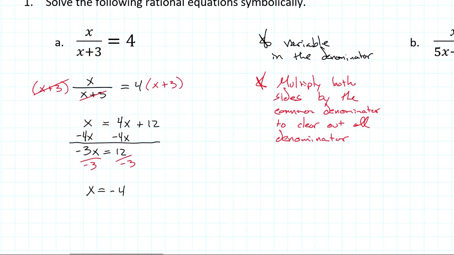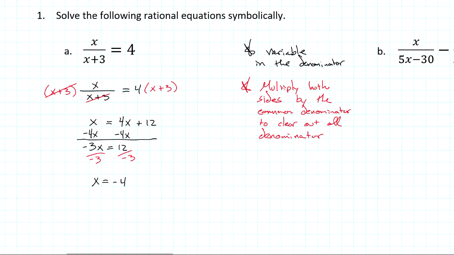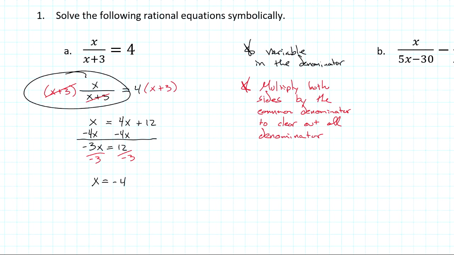Now, this wasn't really talked about in the intro video, but I did mention something about the domain changing when we canceled this, right? So all of a sudden, in our original, we want to note that the x could not equal negative 3, and after we cancel, it could have equaled negative 3. Now, that doesn't occur here. We just get x equals negative 4.